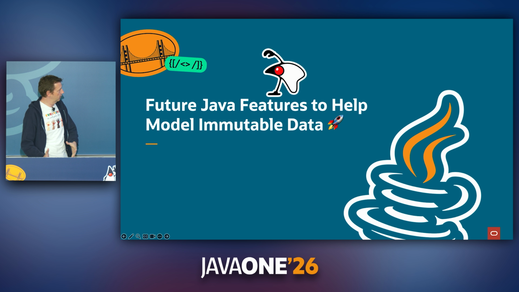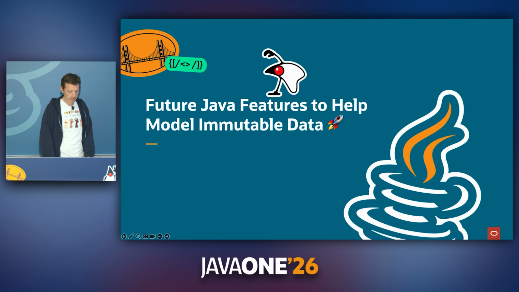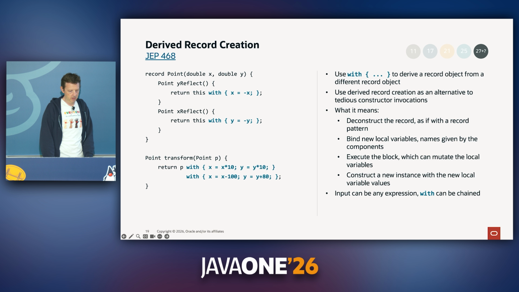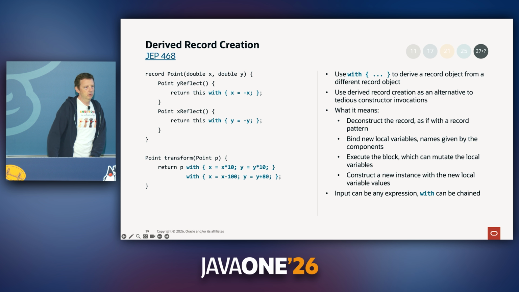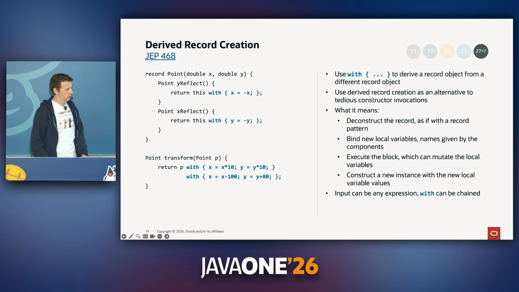And then moving forward, here's some additional features to improve the tooling we can use to model immutable data. First thing I mentioned before, that it can be painful to create a slightly modified version of an object where there's a bunch of components and I just want to update one of them.